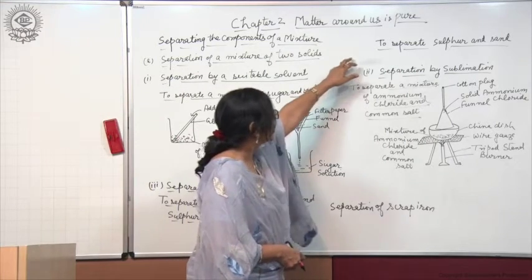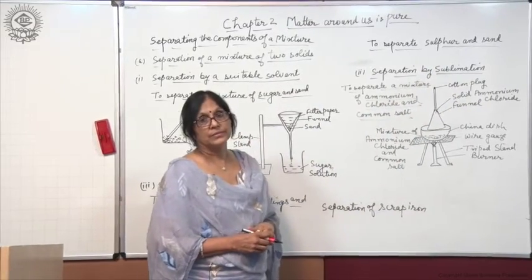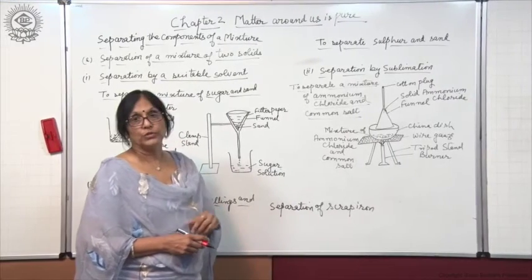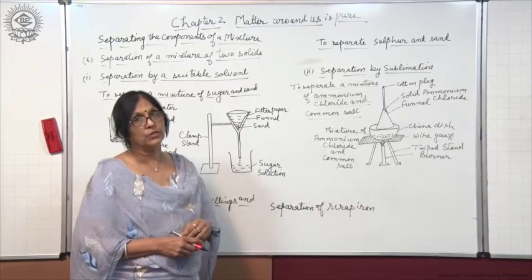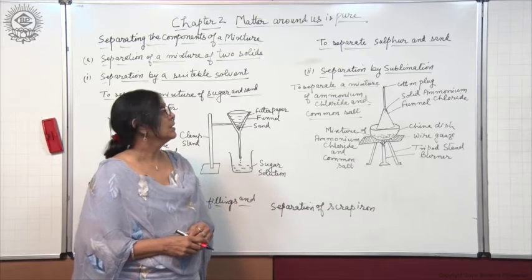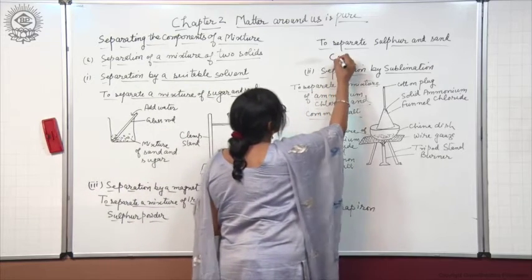Also, we can separate sulfur and sand. Now, which solvent should we use? Sulfur does not dissolve in water, so let us try some other solvents. Sulfur dissolves in carbon disulfide.